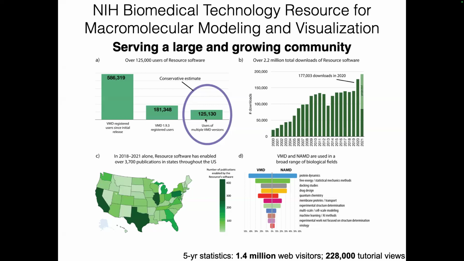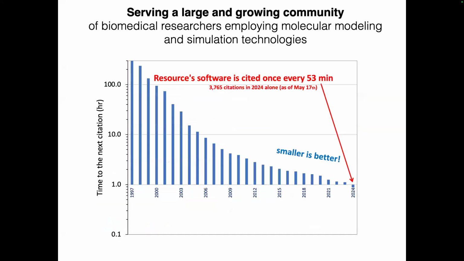If you don't believe me, okay, these numbers don't mean anything. This is the number of publications. This is how much time it takes to get the next citation, only counting the 2 or 3 papers that we have for these 2 programs. So right now, in less than an hour, in 53 minutes, we get 1 more citation.